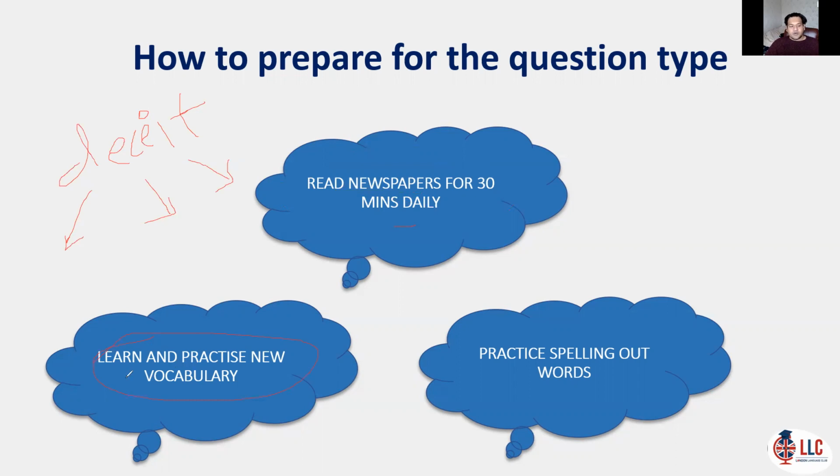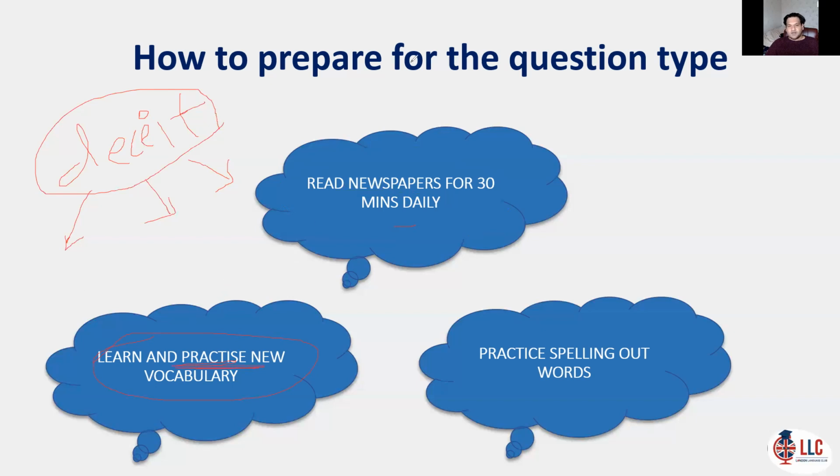This is important because learning a new word is not easy. Once you hear deceit, you will forget it. Even if you know that it means to cheat people, you will forget it after some point. So it's important to practice new vocabulary by using them in sentences.